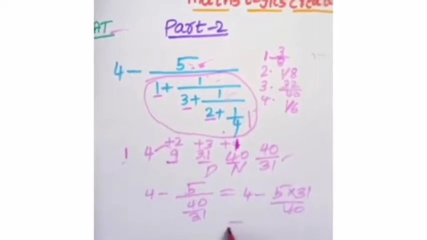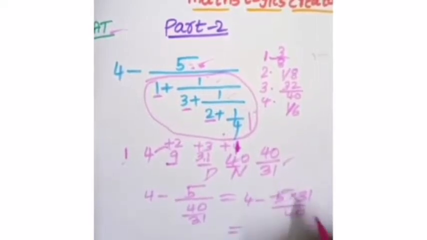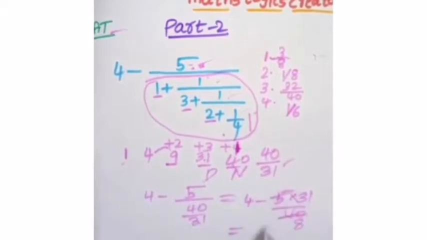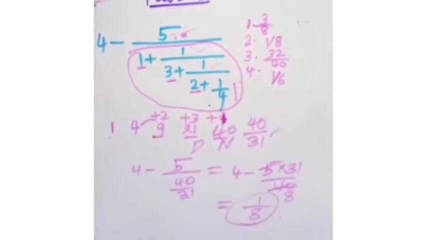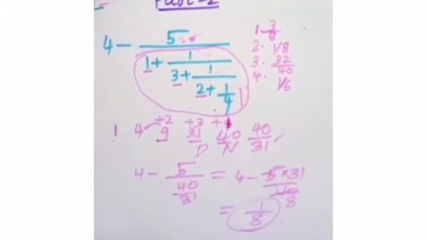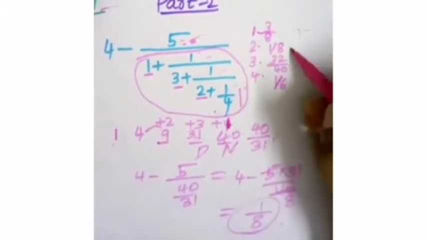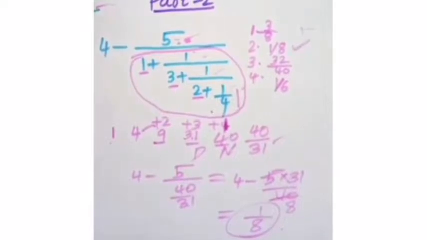Okay, so answer is going to be, 5 is exactly 8 times of 40, and answer is going to be 32 minus 1. So 1 by 8. So we solved it very easily. Okay, so the answer to this question is the second option. This question is asked in math examinations, and in many competitive exams like bank exams and railway exams, these questions are favorites of the examiner.